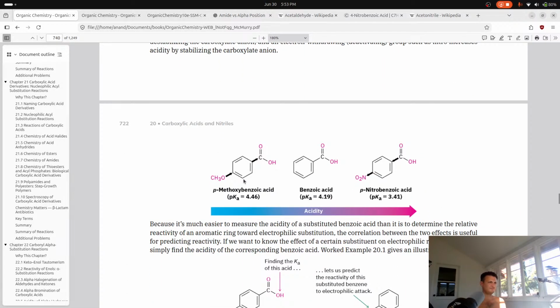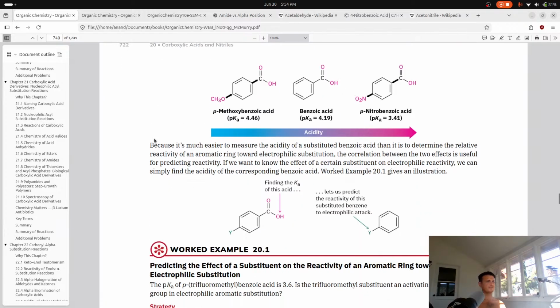All right. So yeah, here we go. We have paramethoxy benzoic acid, and it's pushing density here. Benzoic acid, and then paranitrobenzoic acid. It's much easier to measure the acidity of a substituted benzoic acid than it is to determine the relative reactivity of an aromatic ring towards electrophilic substitution.